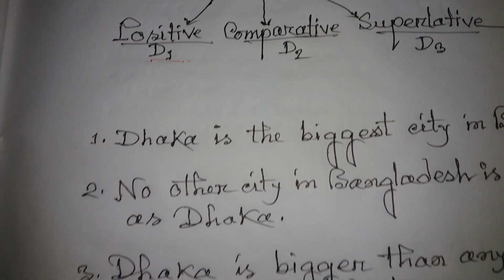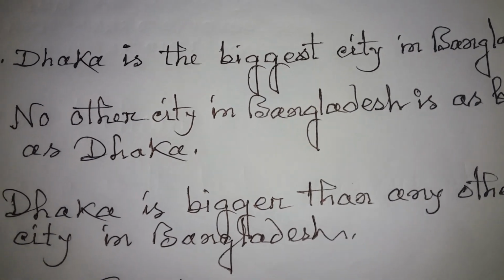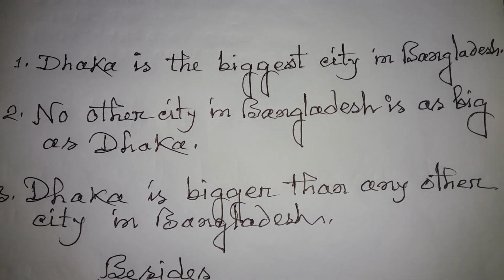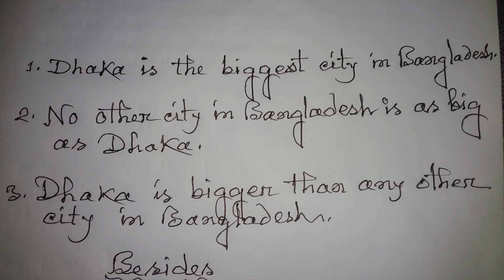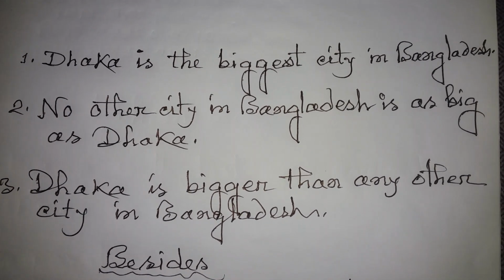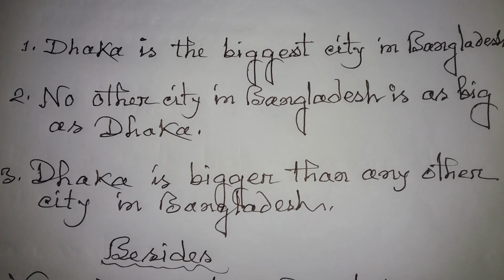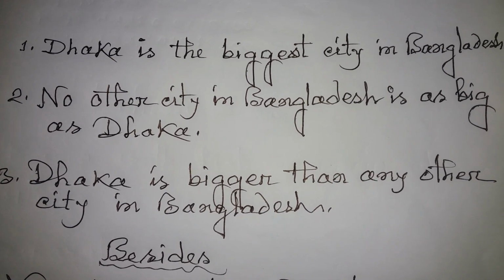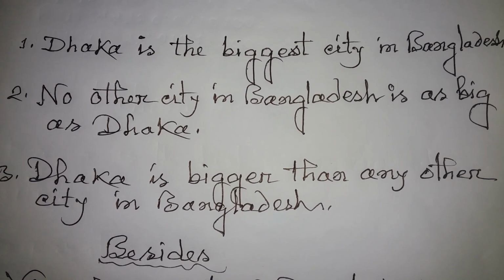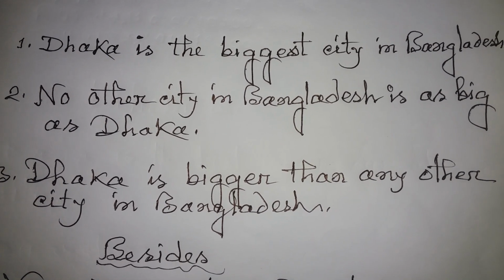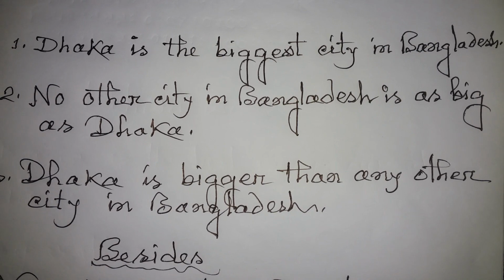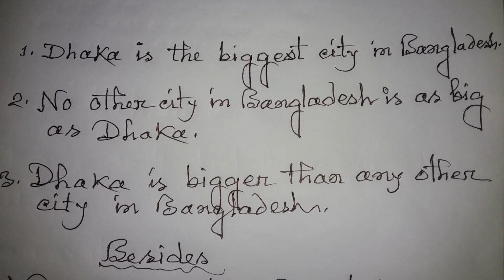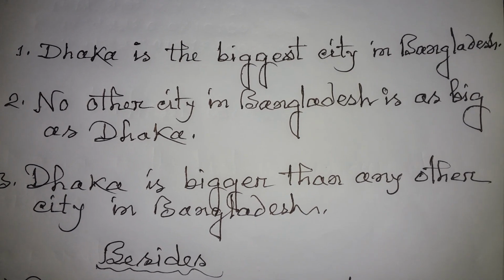Here we can see there are three kinds of sentence. Number 1: Dhaka is the biggest city in Bangladesh. Number 2: No other city in Bangladesh is as big as Dhaka. And number 3: Dhaka is bigger than any other city in Bangladesh.